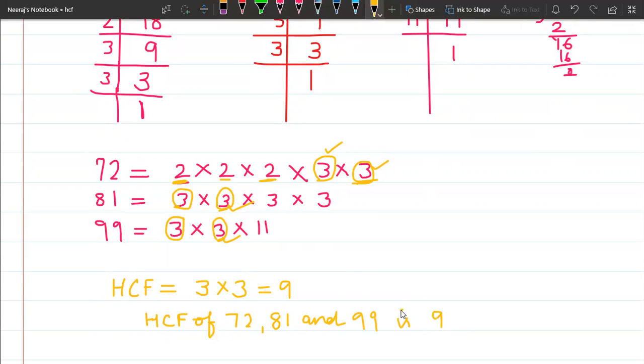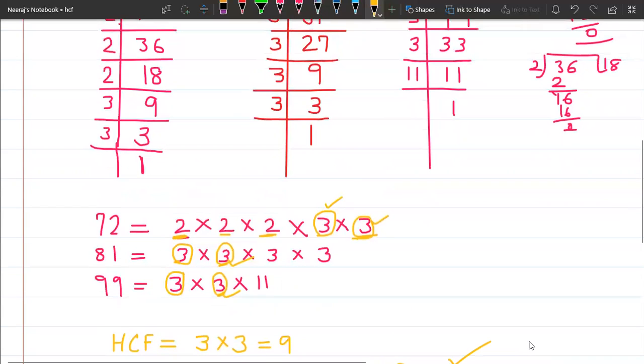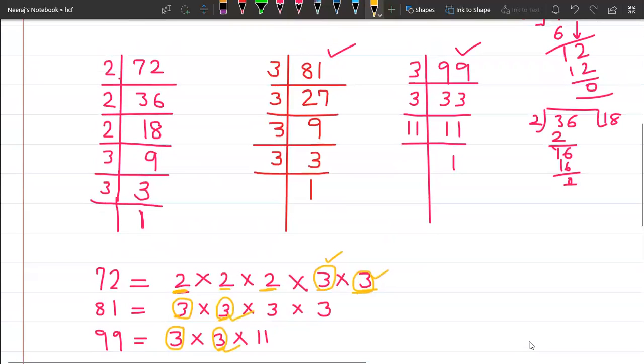Because we need to find the highest number out of these. It means that 9 is that number which exactly divides 72, 81 and 99. These are the 3 numbers which are exactly divisible by the highest number 9, right? So this question you have to do in this way. Thank you.